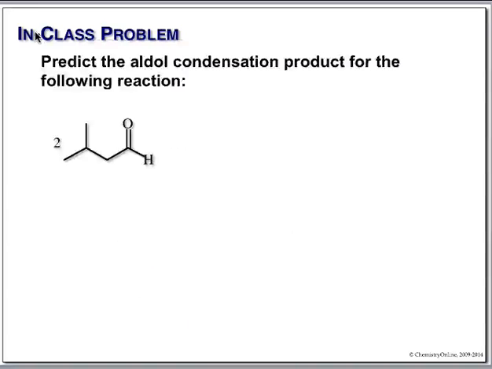If you think about it stepwise, you can't go wrong. What's the first step going to be? We're going to make the enolate anion, aren't we? So it's going to be at this carbon. Draw the structure of that enolate.